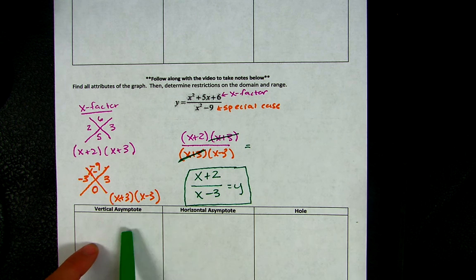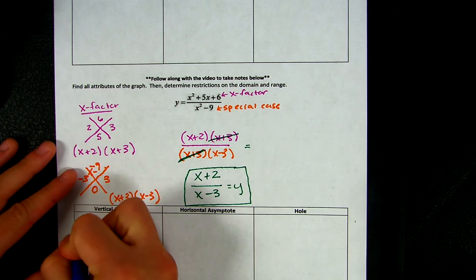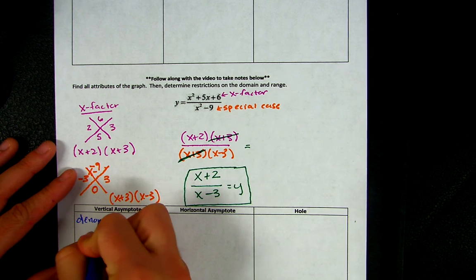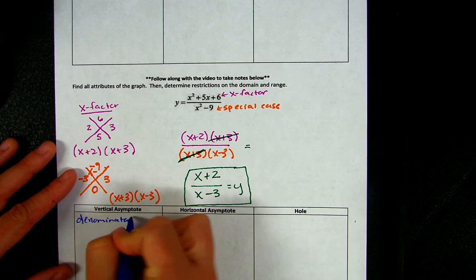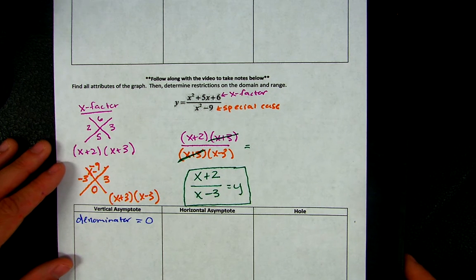Okay? We have three main attributes of our graph. The first one is our vertical asymptote. Our vertical asymptote is when my denominator is equal to 0.